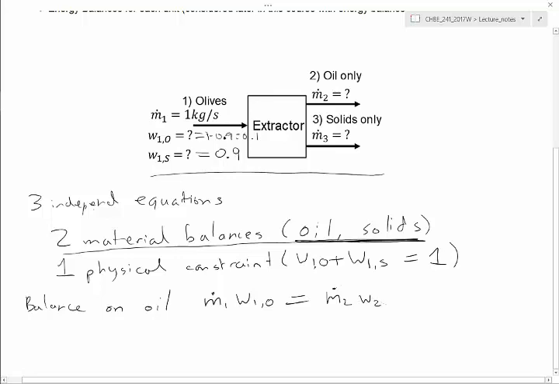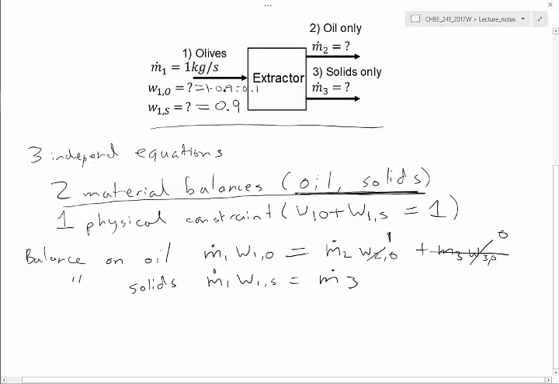Now I could also write W2 oil plus M3 W3 oil, but here this term is going to be 0, and so that's going to take out that second part of the equation, and then this term is going to be 1, and so it's going to go away because stream 2 is pure oil. I can do the same for solids. So here M1 W1 solids equal to M3, right? Again, I don't have to write out those other 2, although I could write out those other parts of the equation and then take them out.